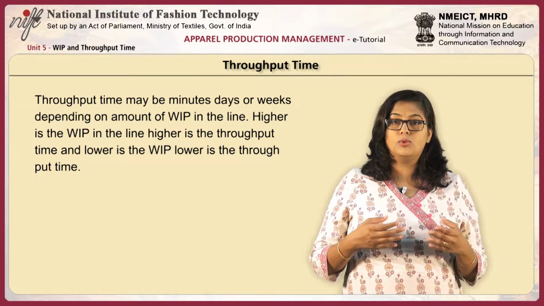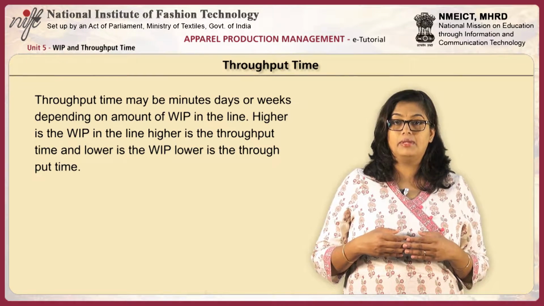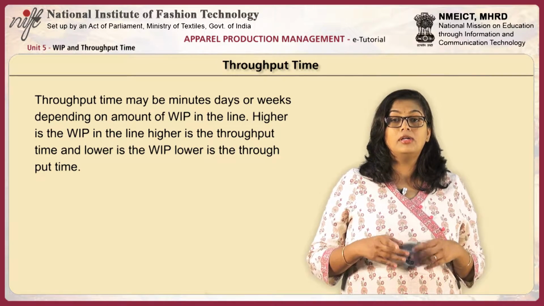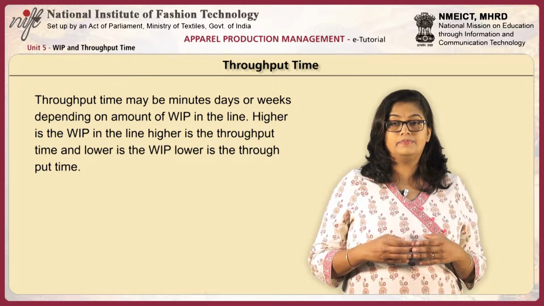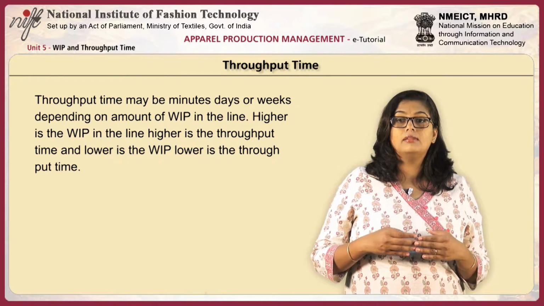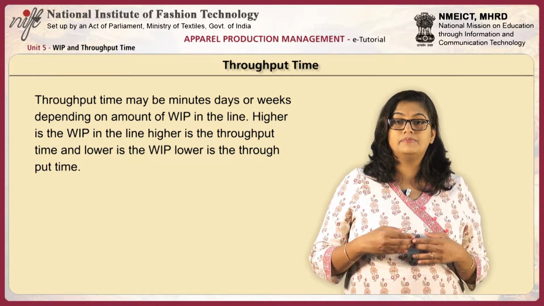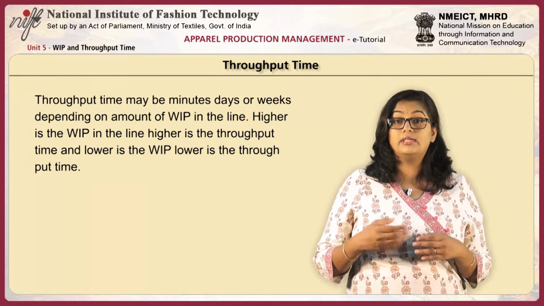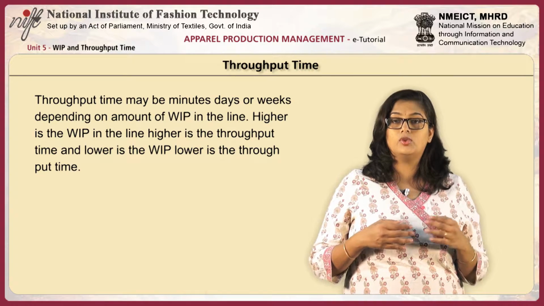Throughput time may be in minutes, days or weeks, depending upon the WIP in the line. Higher the WIP in the line, higher the throughput time, whereas lower the WIP, lower the throughput time.